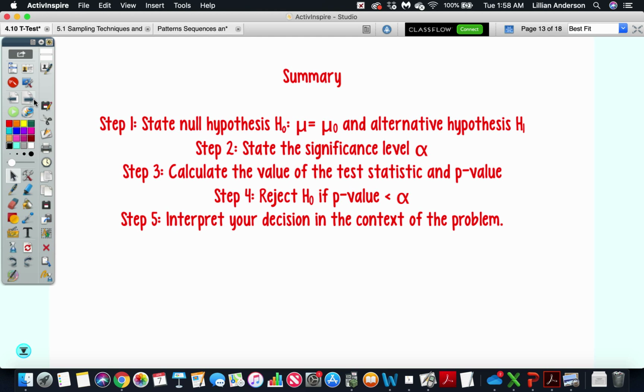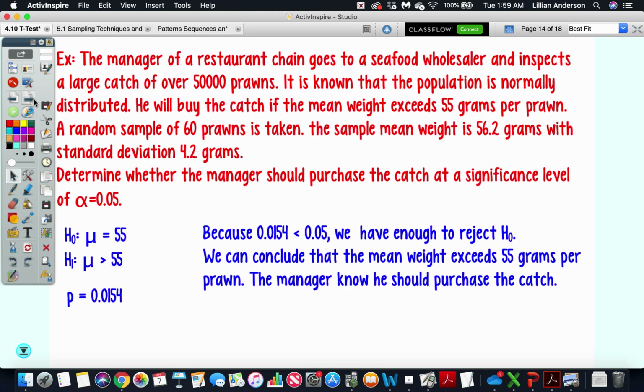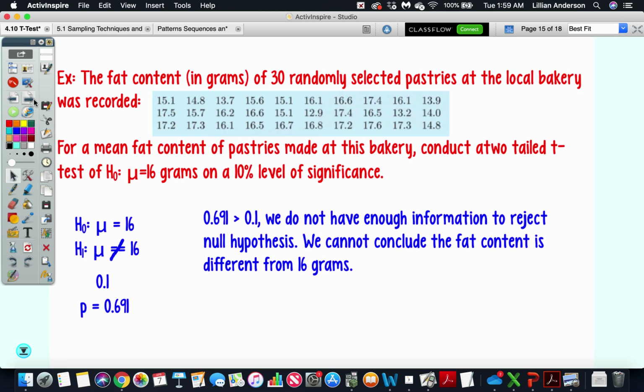You compare your p-value to your significance level, and if the p-value is less than your significance level, you always reject the null hypothesis and make sure you interpret correctly in context of the problem. If you have enough information to reject, then that means that whatever was in your alternative hypothesis is true and your null is not. But if it's the other way, then you don't have enough information to reject, and so you would go with your null, as we saw in these two examples.